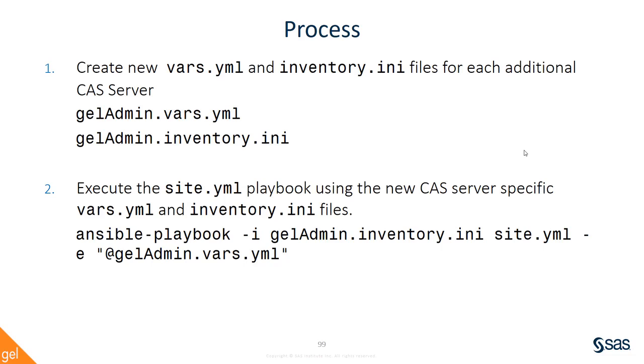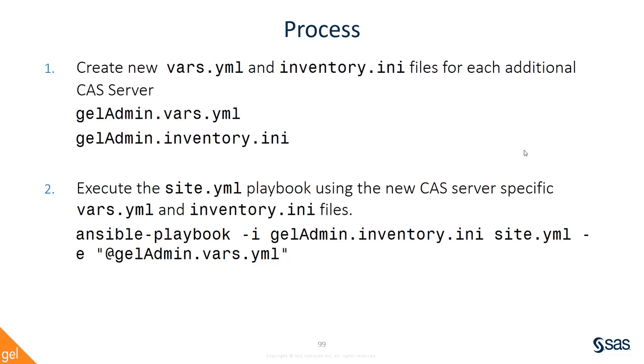Okay? So generally speaking, we take the original vars YAML file, we copy it, we edit it, and we save it with a name that matches the CAS server name. So in this case, I'm going to create a new CAS server called geladmin. So I create copies of those files for the geladmin vars, and I also need to modify an inventory file, which is simply a list of the machines in my deployment and their purpose.